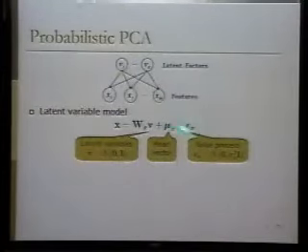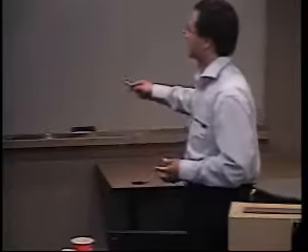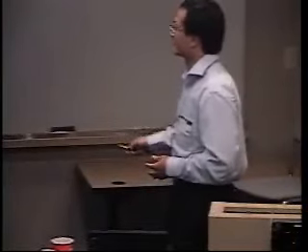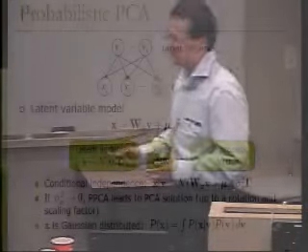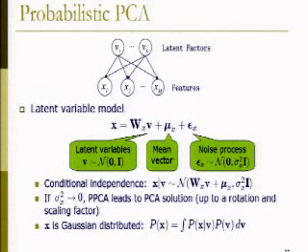And this is a noise process. We assume it's isotropic Gaussian with noise level sigma x squared. V here is k-dimensional, and x is m-dimensional, so Wx is the matrix of loadings from the latent vectors to features. This is the standard way of doing PPCA in terms of a latent variable model.